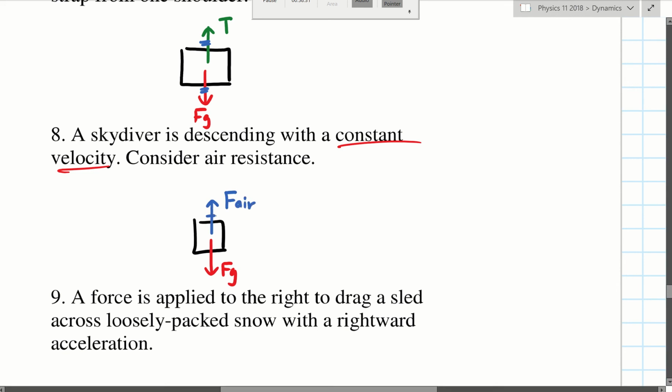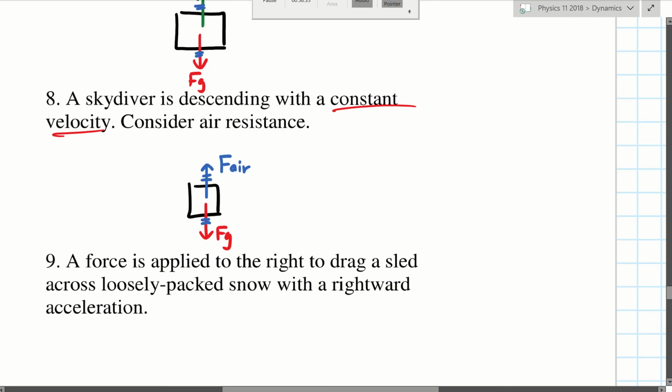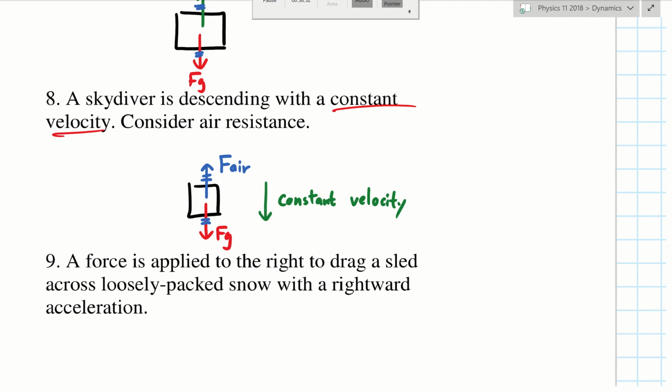When the air friction is big enough to combat gravity, you reach a constant velocity situation. As you jump down from a building, or you drop something from a place that's really high, the object will initially accelerate. It will go faster and faster and faster.